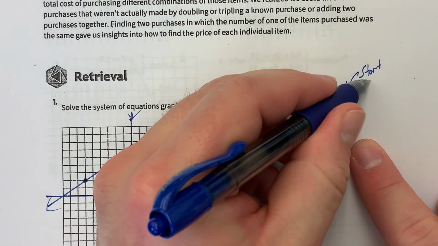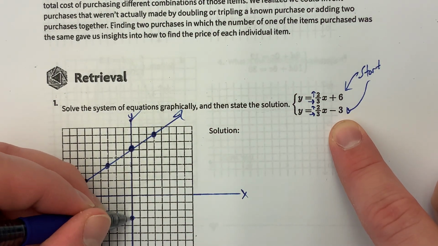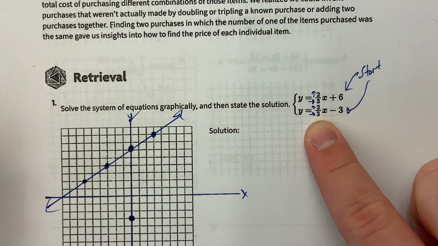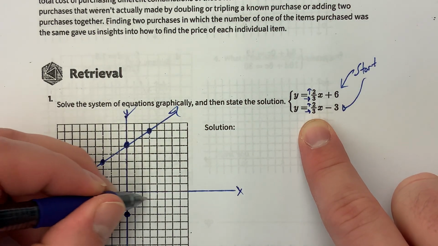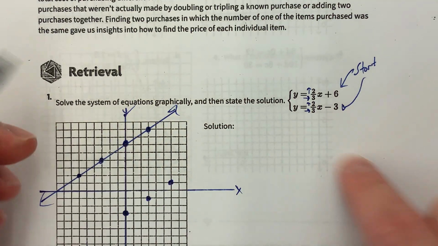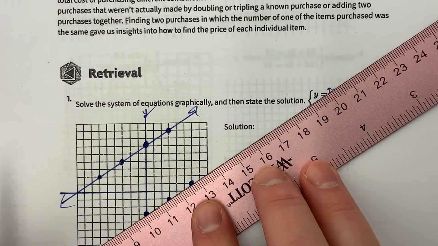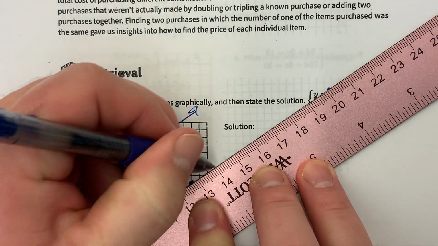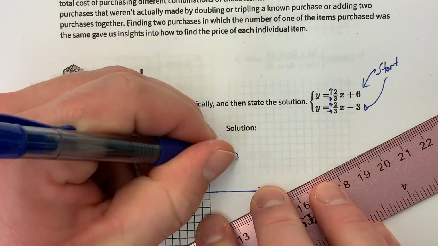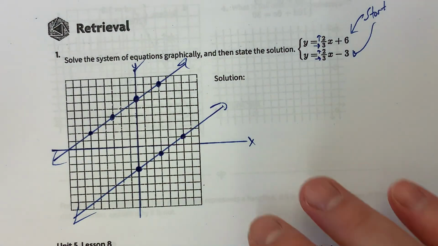Then I'm going to do the next one. Same start right there. And also I'm going up 2 over 3. If you graph this correctly, it should look like a railroad track.